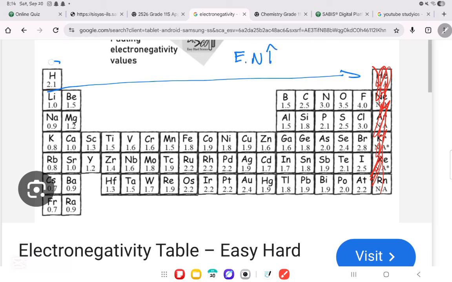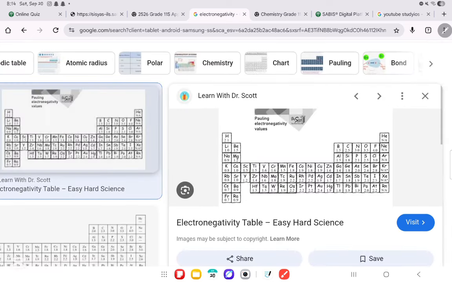Then if we go down the group, electronegativity decreases. The only exception for this is the transition metals. So everything here, these are all exceptions, as well as these at the bottom. Okay, perfect. This is electronegativity, basically explained. I didn't need to write too much. If you heard what I said in the picture, please do write whatever I said.